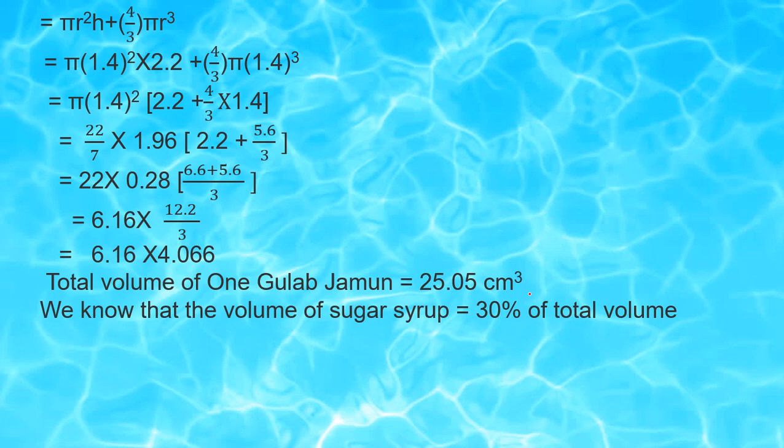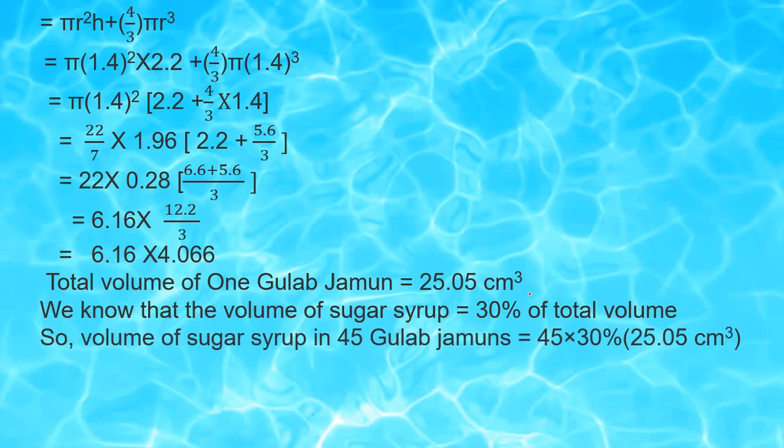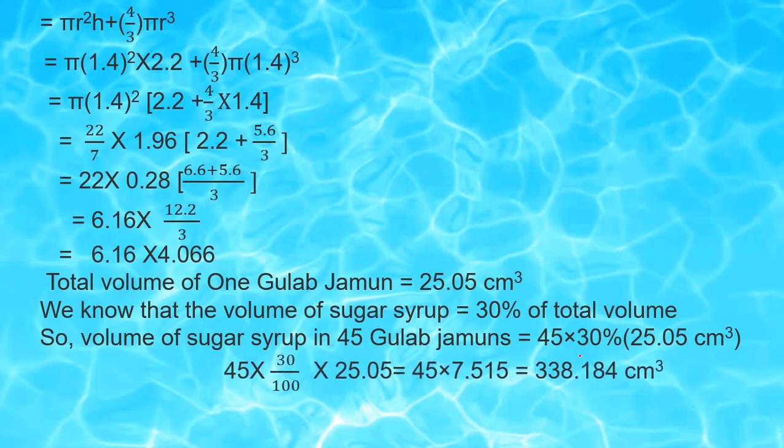That is 30% of 25.05. So we can say the volume of sugar syrup in 45 gulab jamuns is 45 into 30% of the volume 25.05. Now we take this as 30 upon 100 into 25.05 into 45.